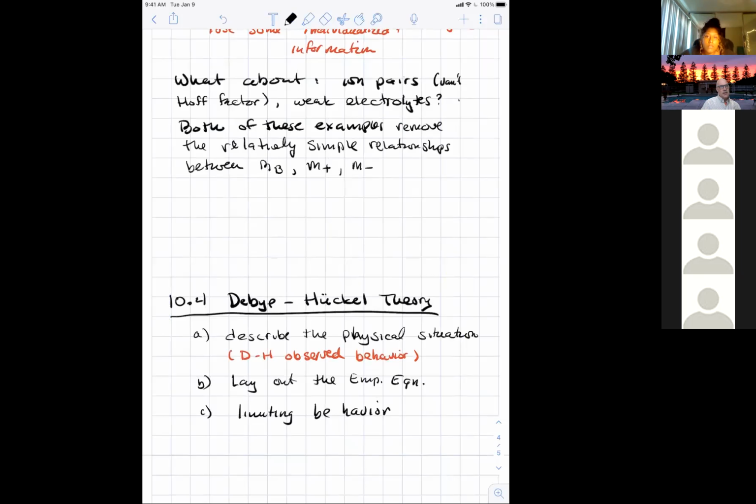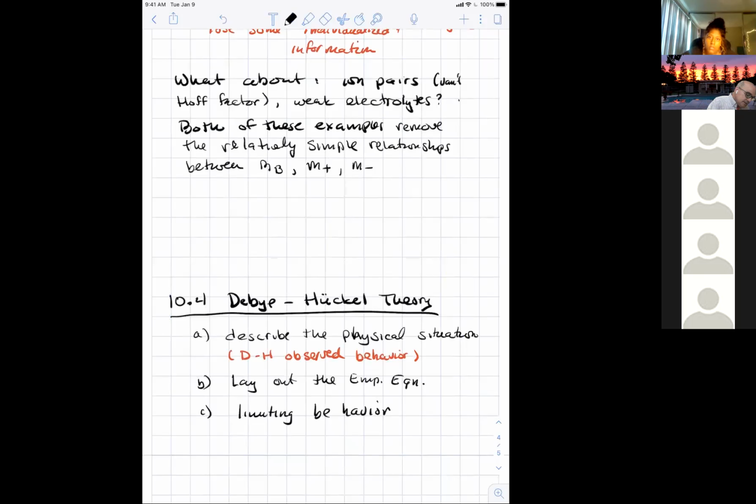So instead of getting 2 moles of particles from a mole of acetic acid molecules, you get like 1.05, right? You get 1.05 particles for every 1 particle of acetic acid because of the incomplete dissociation.